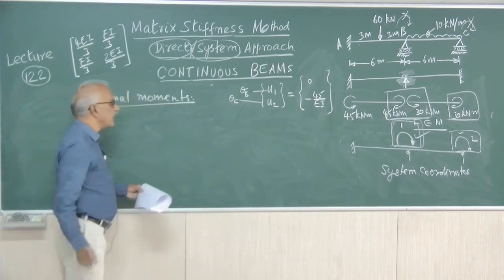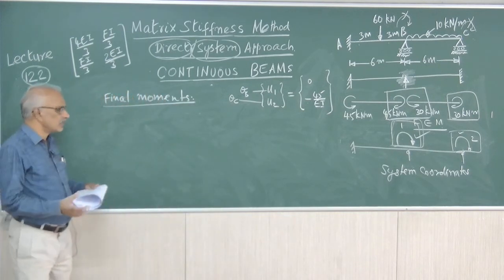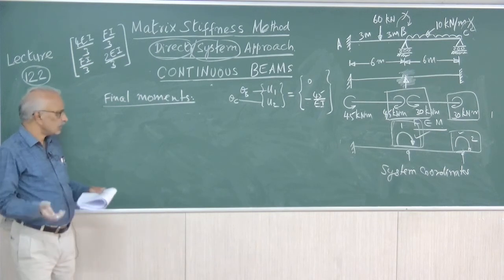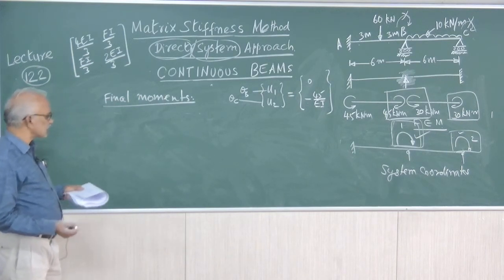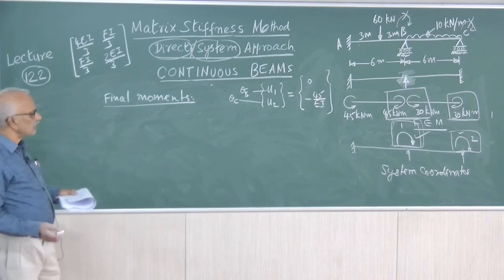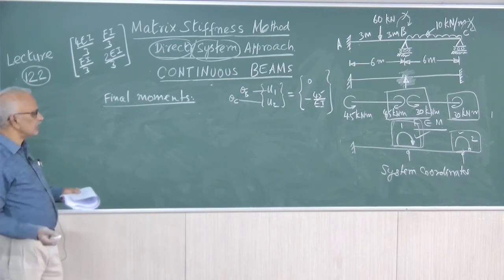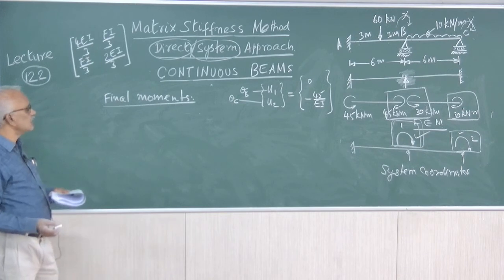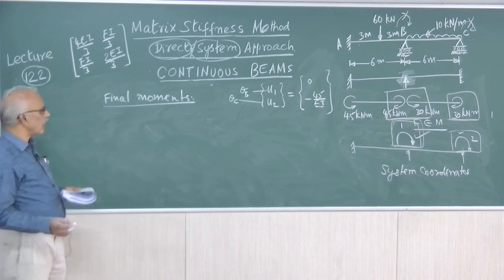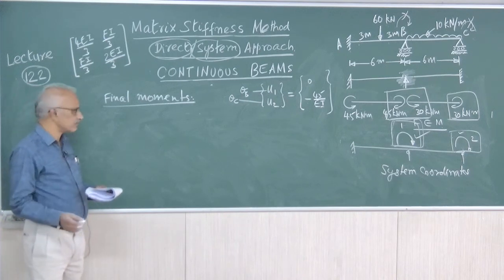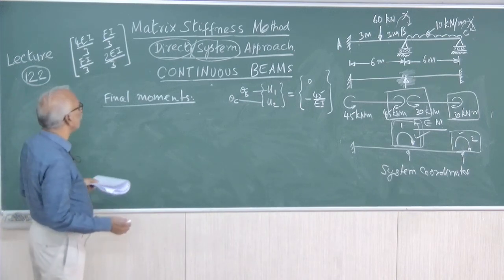So we are combining our classical methods and elementary procedures in the matrix method. It is a combination of both. That is why it is called the direct system approach. And this is not possible for programming. So the purpose is right.